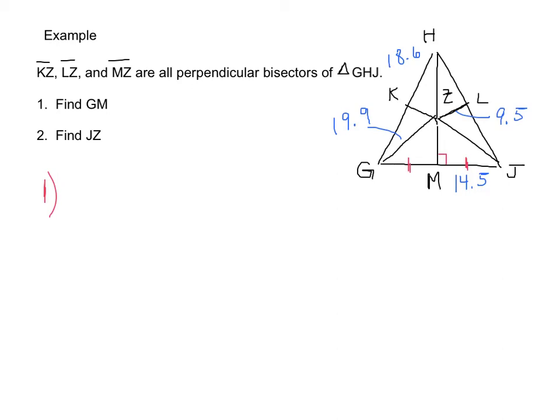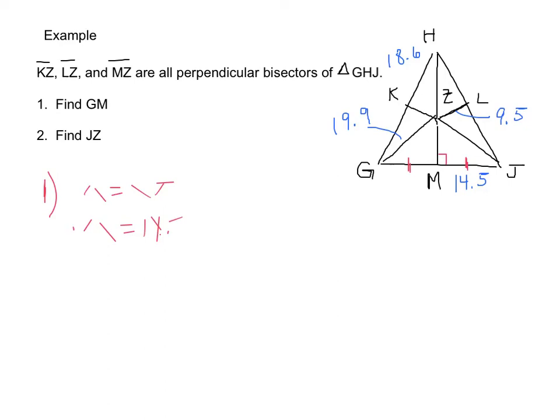So therefore, we could say that GM, the length of GM, is equal to the length of MJ. What that means then is that GM is equal to 14.5, and we would be done right there.